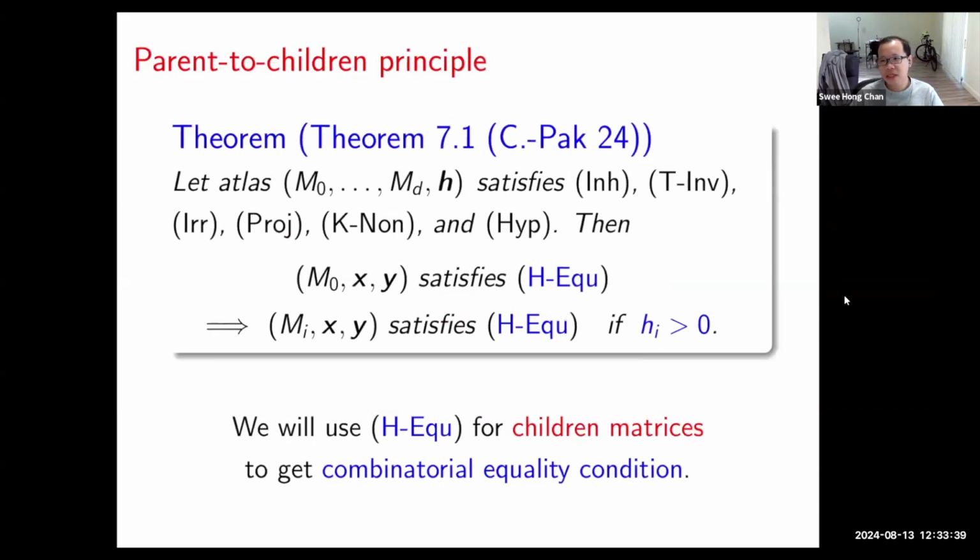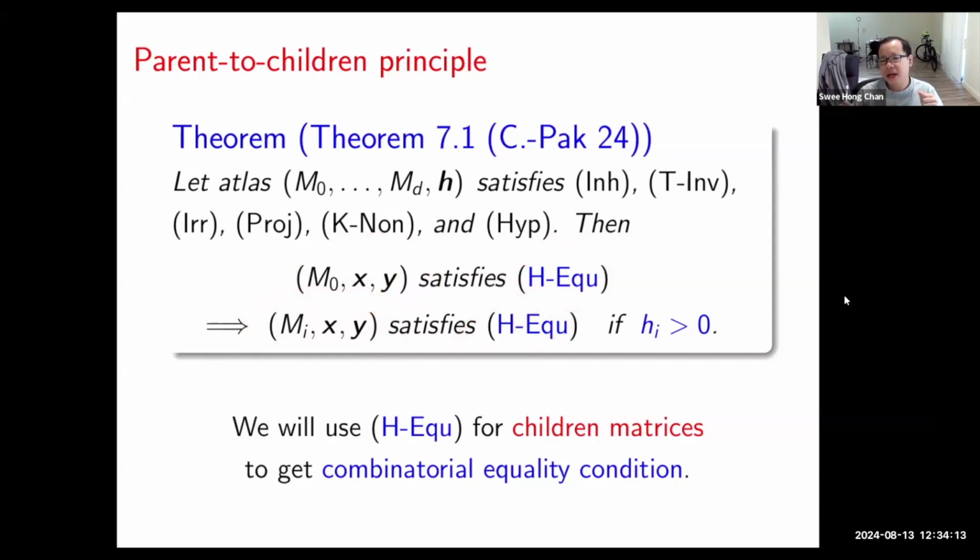And the way to do this is the opposite of how we prove hyperbolic inequality. Remember that for hyperbolic inequality, we prove it like this, right? Every child got hyperbolic inequality, then the parent got it. But here, for the equality condition, it works in a different direction, the opposite direction, which is that when the parent satisfies hyperbolic equality, then all of the children, no, not all, sorry, most of the children will also satisfy the hyperbolic equality.